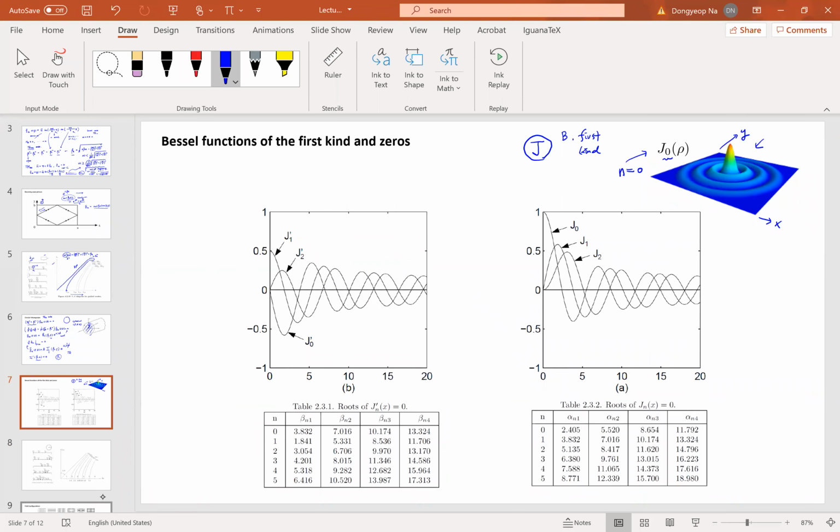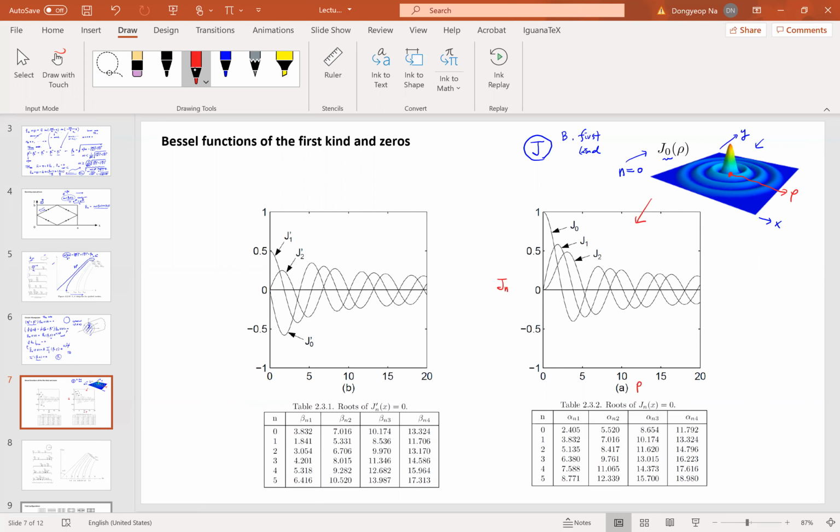And if we draw the radial profile of this function from 0 to rho, then it looks like this. So this is the radius, and this is the function value of the Bessel function of the first kind when n is equal to 0 or 1 or 2.